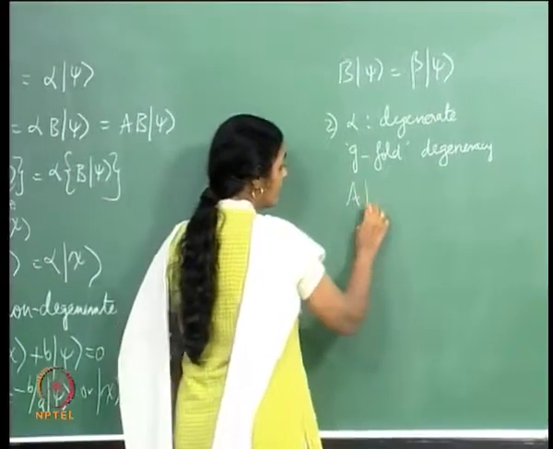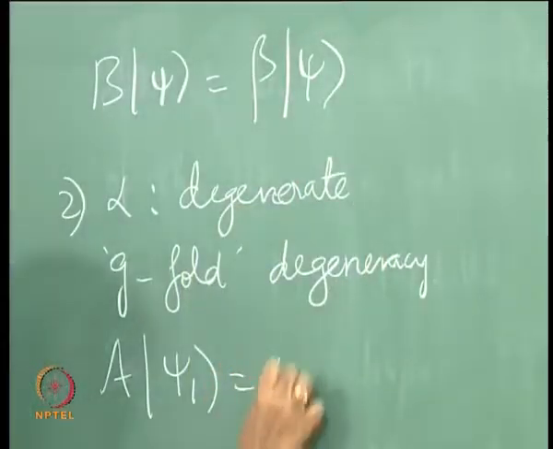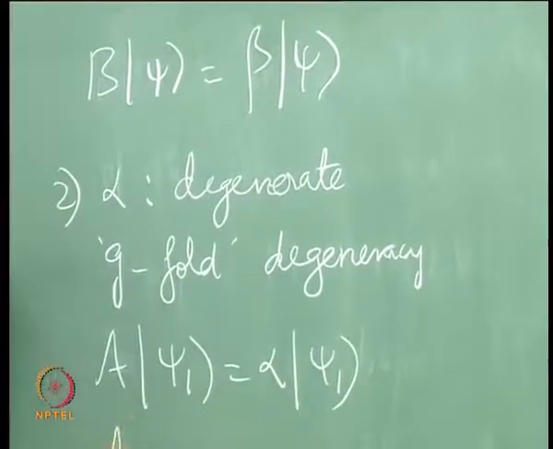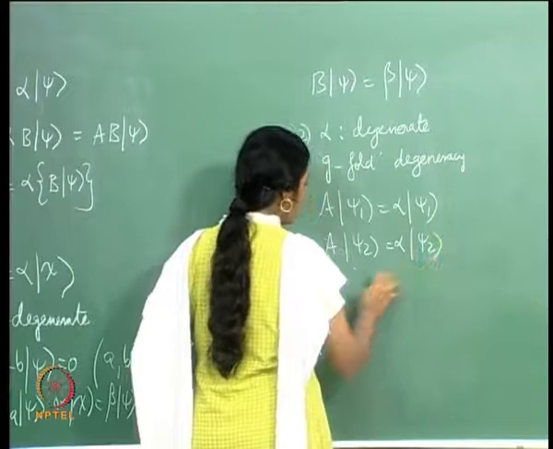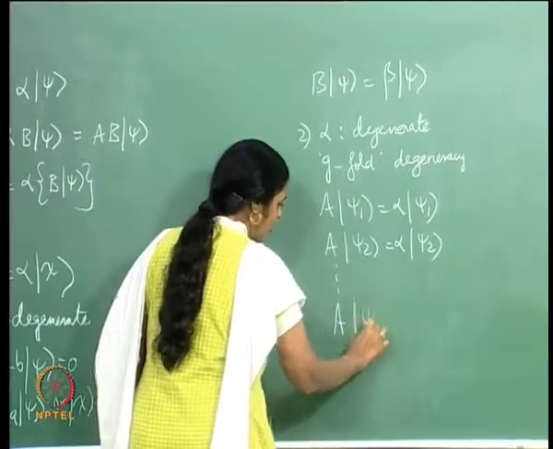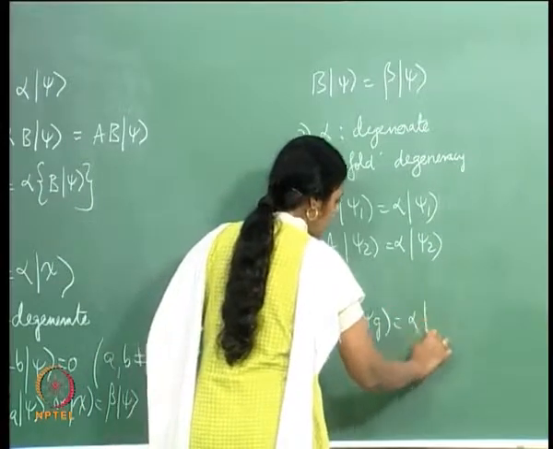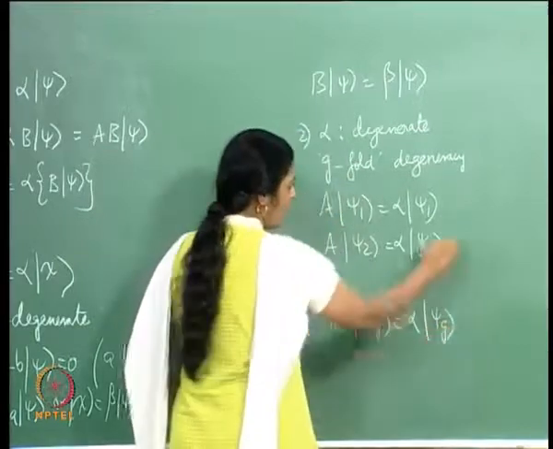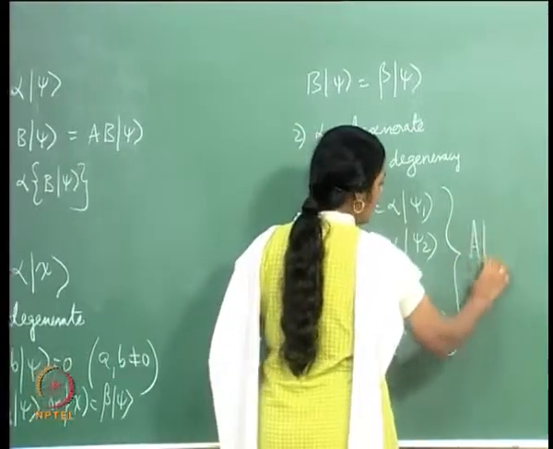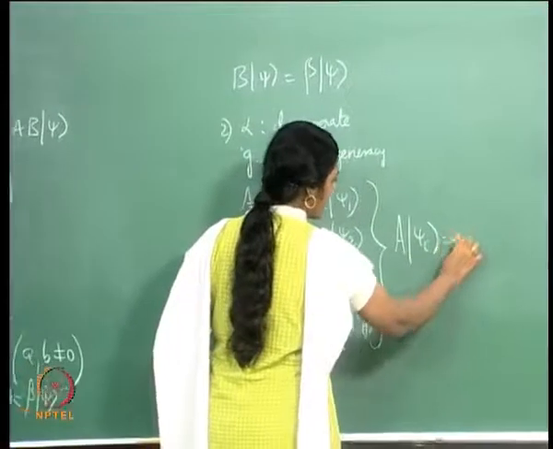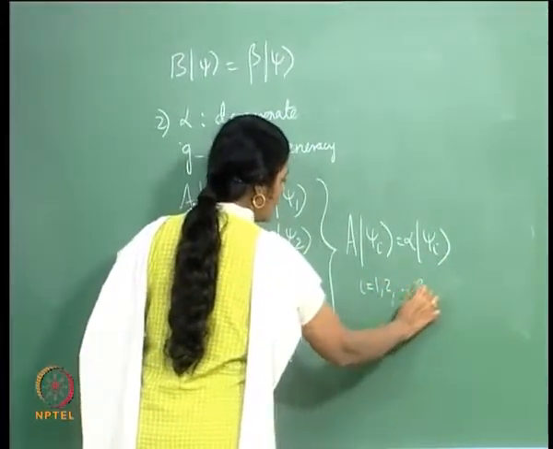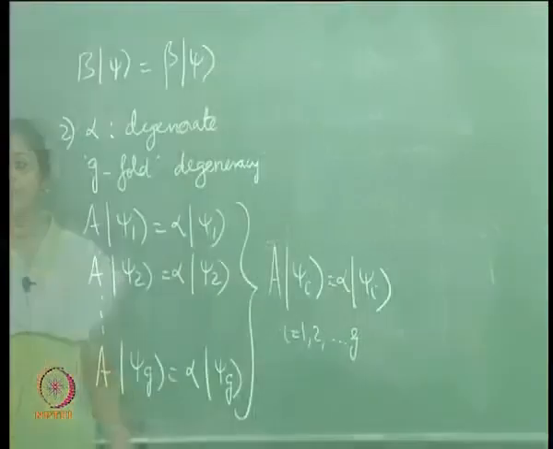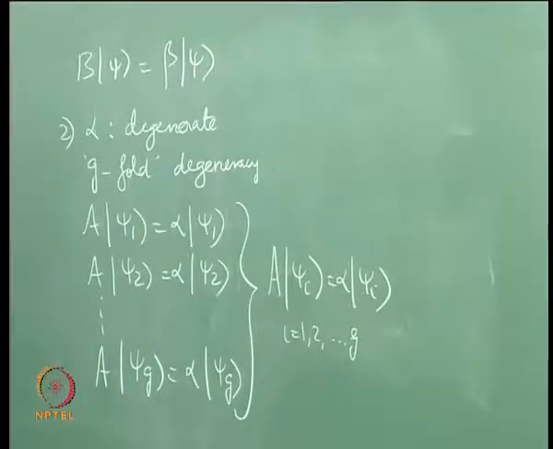There are a set of G eigenvectors of A, all of them corresponding to eigenvalue alpha. In other words, A psi i is alpha psi i, where i takes values 1, 2 all the way to G. So that is a G-fold degeneracy. The eigenvalue is G-fold degenerate.